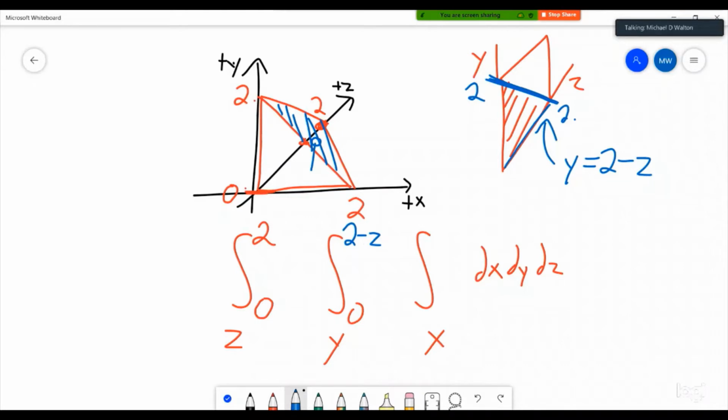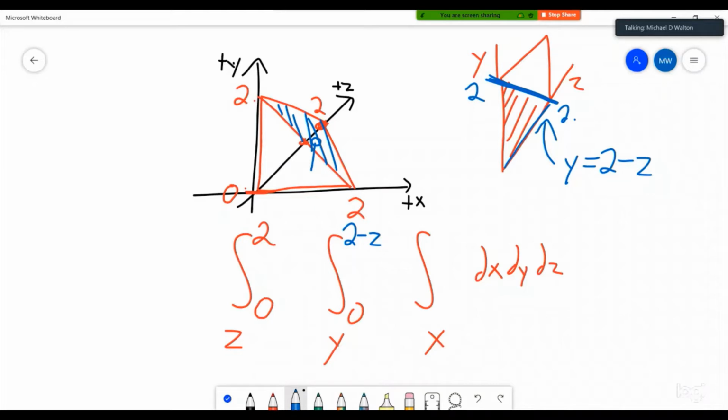What we can do is figure this out based on our 3 vertices. We know that when y and z are 0, x is 2. When z is the only one that is not 0, it's also 2, and when y is the only one that's not 0, we get 2 as well.